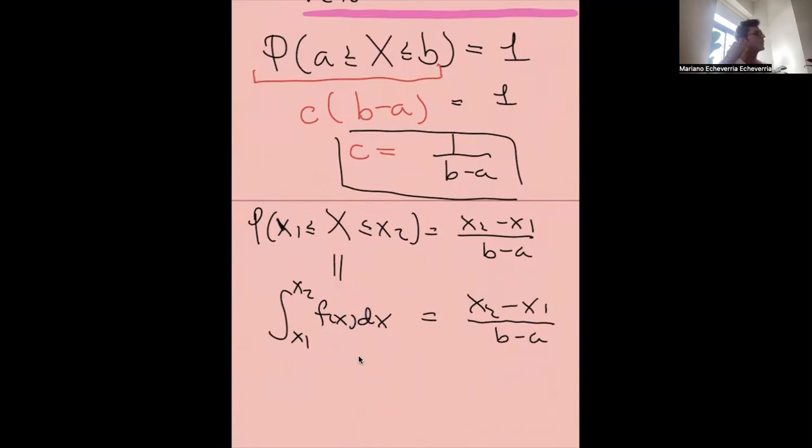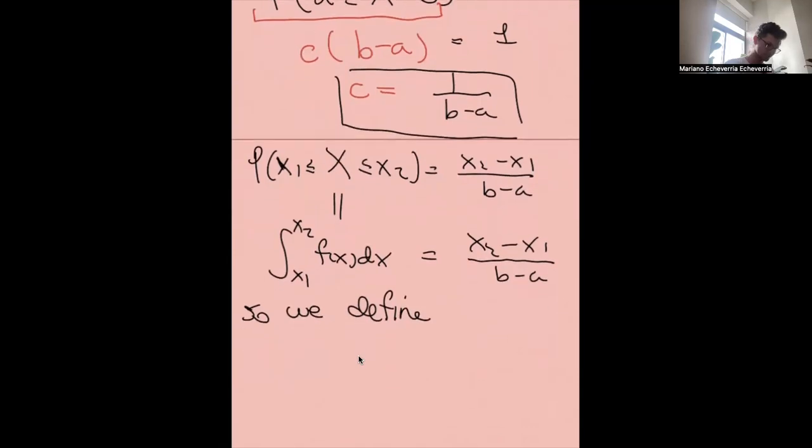What function would have this property, that if you integrate it from x1 to x2, you just get x2 minus x1 over b minus a? Yeah, exactly, 1 over b minus a.